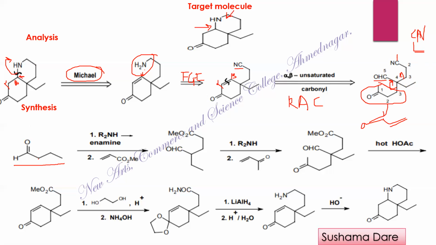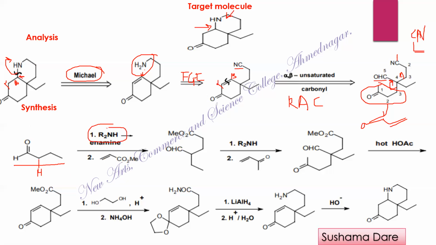Now this proton we have to abstract, and as you know, for the Michael reaction we need a mild reaction condition. For the mild reaction condition, we cannot abstract this proton by using NaOH, so rather than that, we have to follow the enamine route.